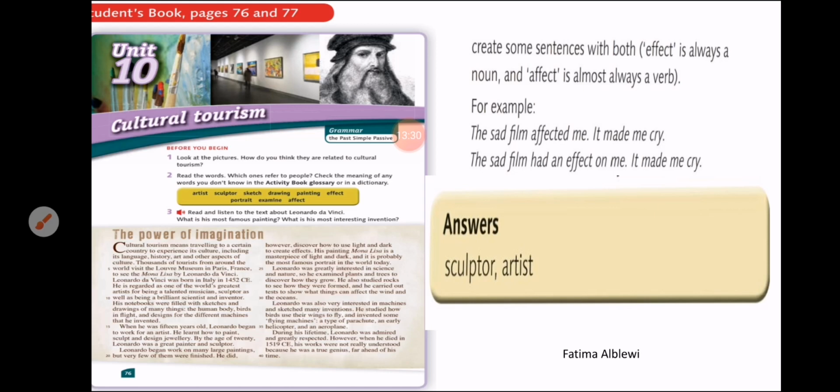Far ahead of his time. He was a genius. Now here it means clever and smart. Yes, far ahead of his time, smarter than his time. Okay. Now here we have the answers, sculptor and artist.